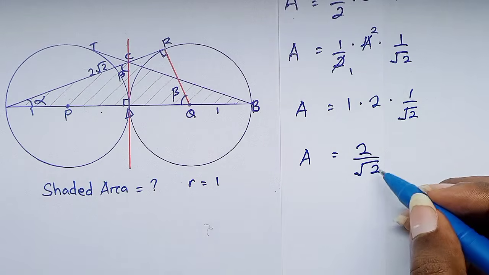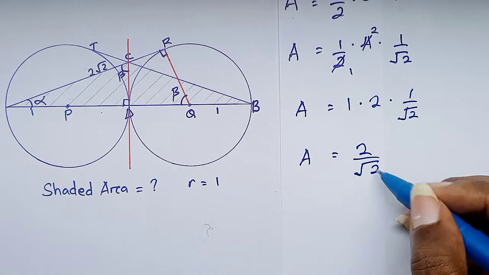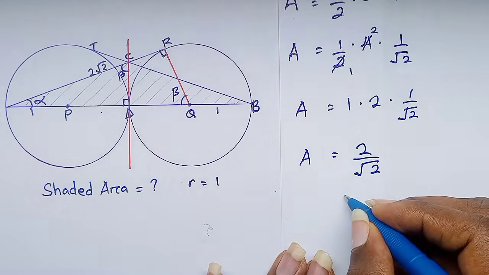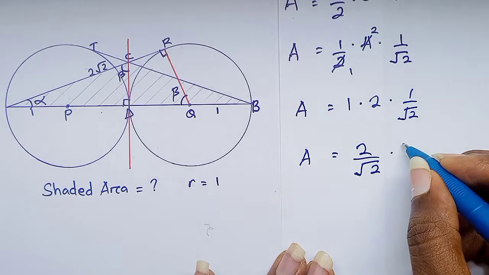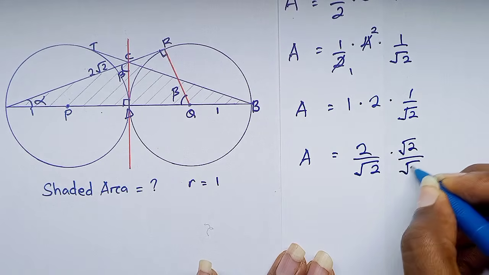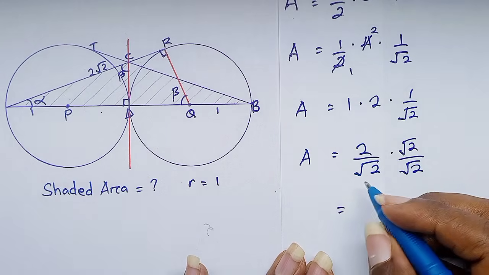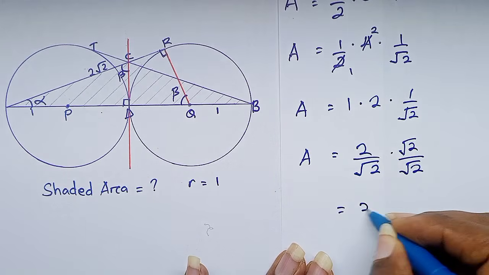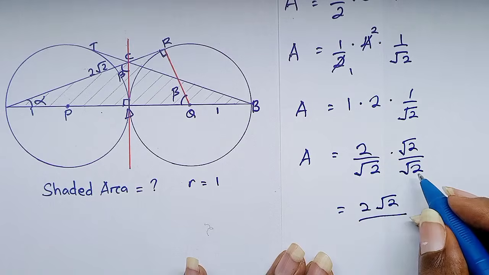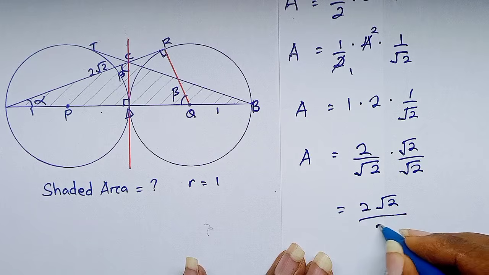Since this is a radical, we need to rationalize the denominator. So we shall multiply both the numerator and denominator by root 2. So this will be equal to 2 root 2 over root 2 times root 2, which gives us just 2.